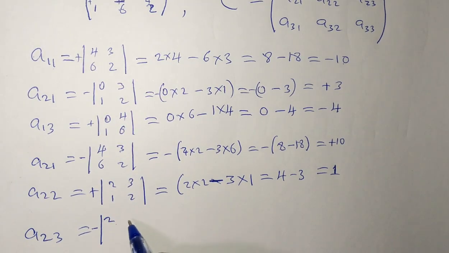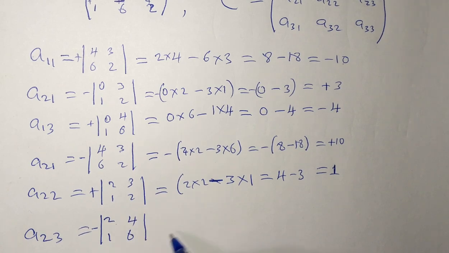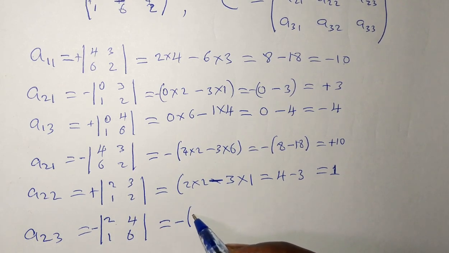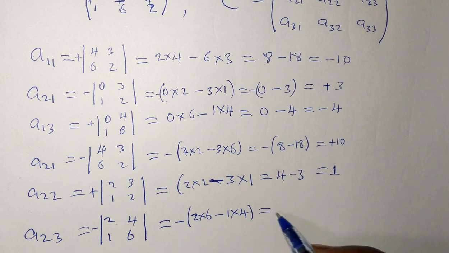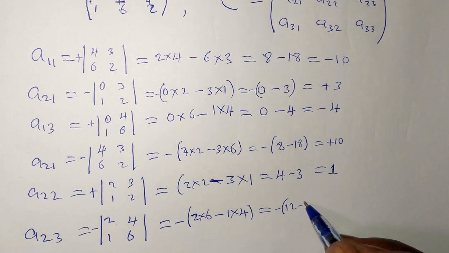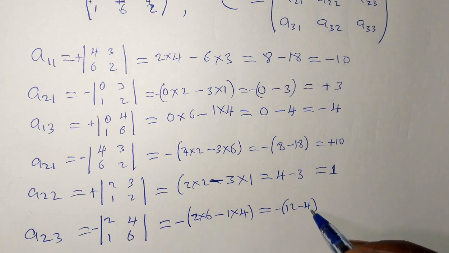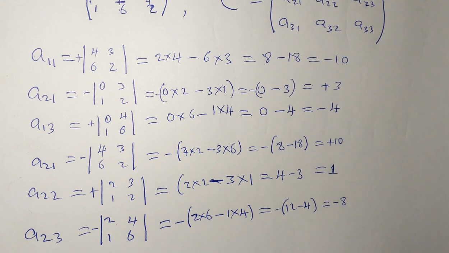So 2416 will give us minus open bracket 2 times 6 minus 1 times 4 close bracket. This will give us 12 minus 4. This minus this is 8. So this will give us minus 8.